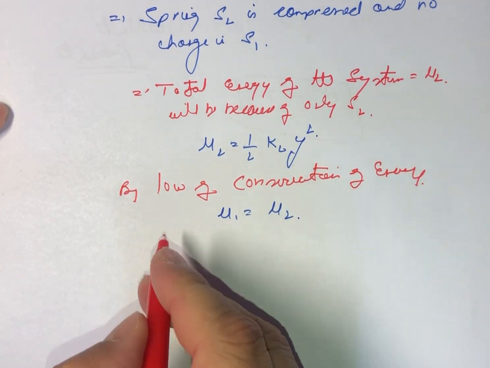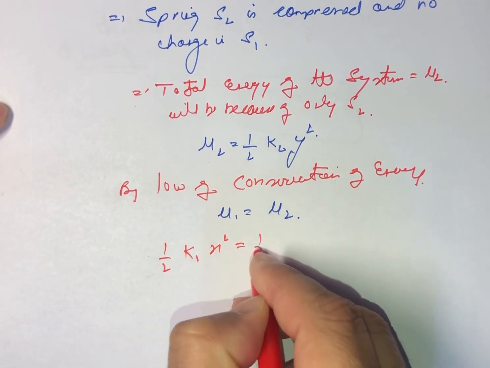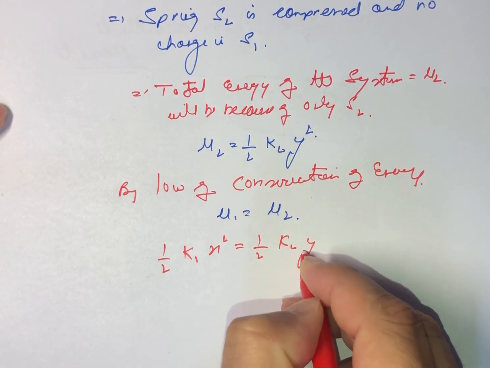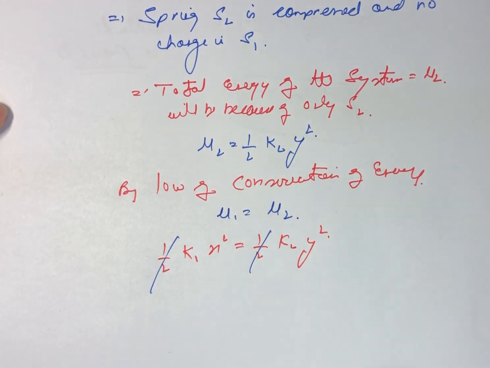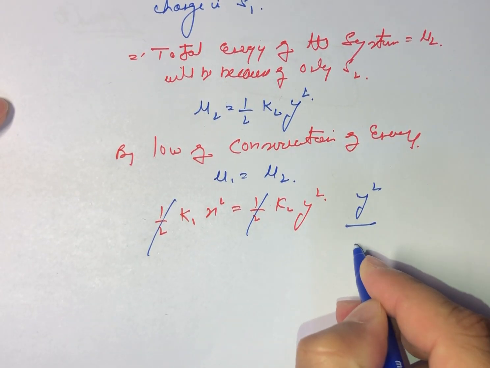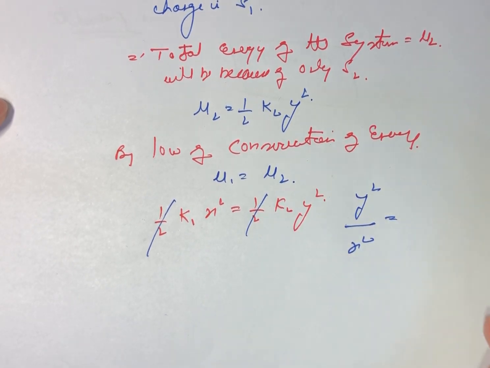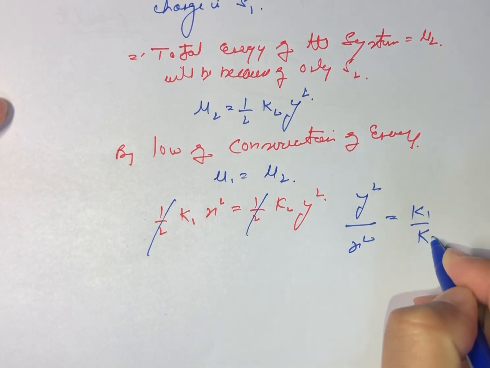We substitute the values: half K1 x square is equal to half K2 y square. Half and half cancel out. From here we get y square upon x square is equal to K1 upon K2.